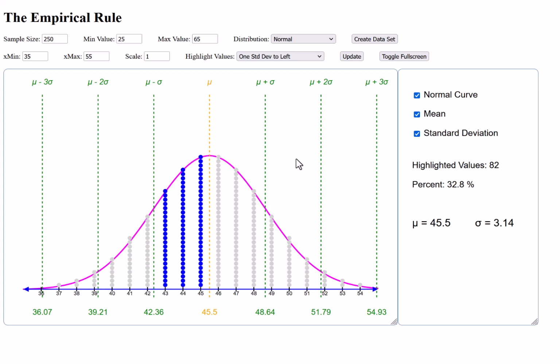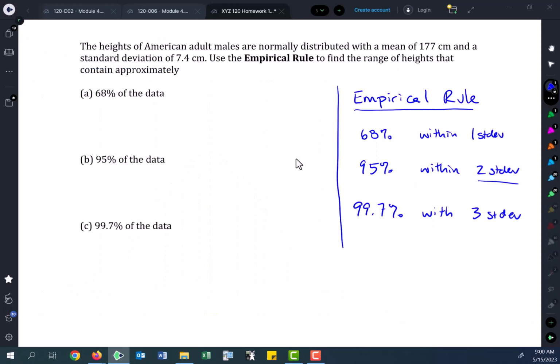Now, let's go to a question here. I've written down the empirical rule. So 68% of the data is supposed to be within 1 standard deviation of the mean, 95% within 2 standard deviations, and so forth. Now, this question says the heights of American adults are normally distributed with a mean of 177 centimeters and a standard deviation of 7.4 centimeters.